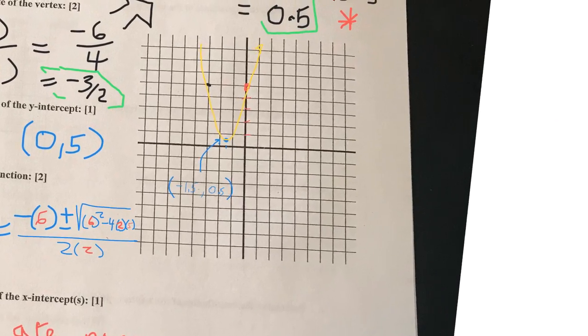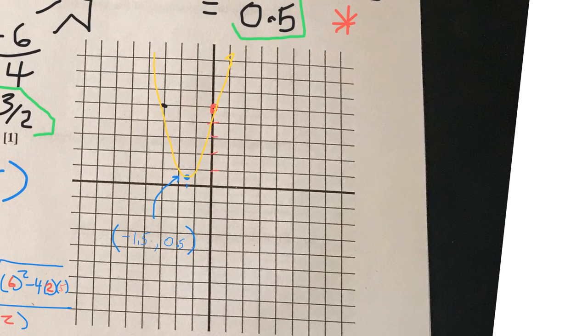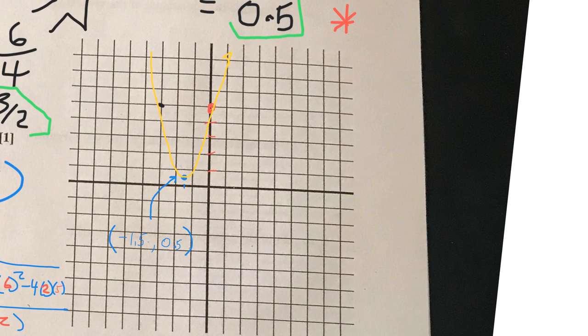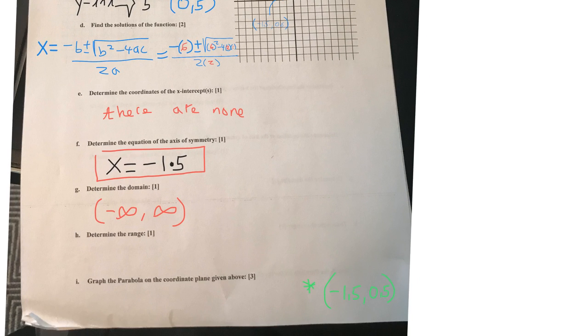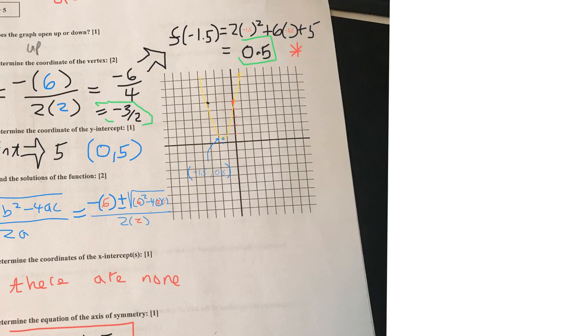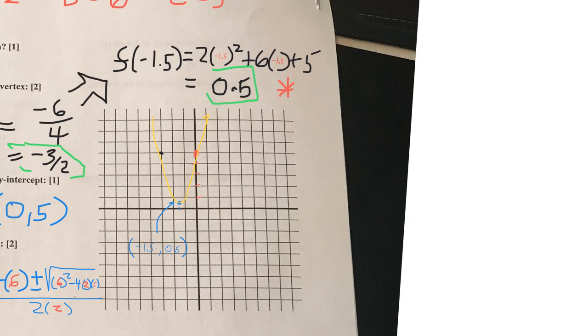And the reason why it might be worth our time to label that is because the whole point of graphing this at this point is to find the range, because that's what we're being asked right now. Determine the range. So we are attempting to find the range. In other words, what is the set of all y values that is represented on this parabola? Well, that's what we're going to find out.